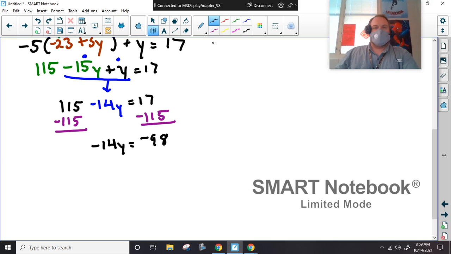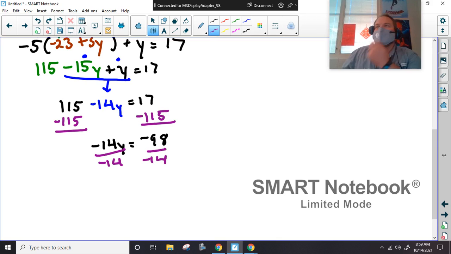Now what do we do? This is why on the stuff that I showed you on Monday, some people won't use this method, because it can be a little bit easier. Is it the final answer or what y equals?